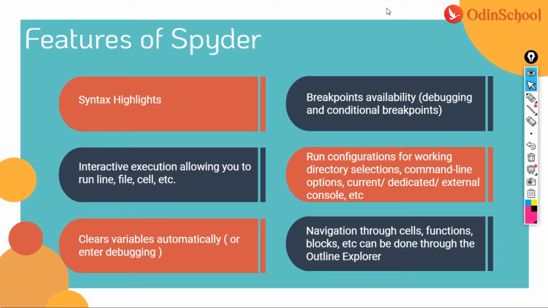Well, this is a debatable concept, but I wouldn't mind budging on that. Here, you can actually navigate through your cells, functions, blocks through the Outline Explorer. You can change them, you can add them, you can remove them. I mean, you can just change the screen the way you want. All of these are very highly possible using Spider.